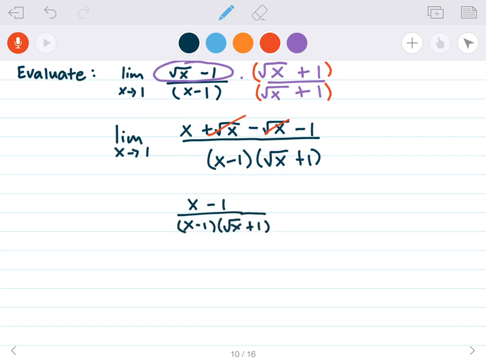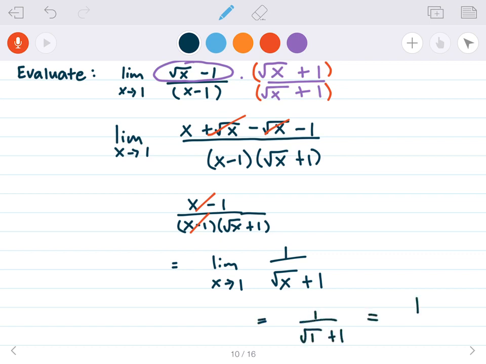And these guys cancel out. So I'm just left with limit as x goes to 1 of 1 over radical x plus 1. And now I'm in a good position because if I plug in 1 for x, no problems with the denominator. It's not equal to 0. So let's plug in 1 for x.